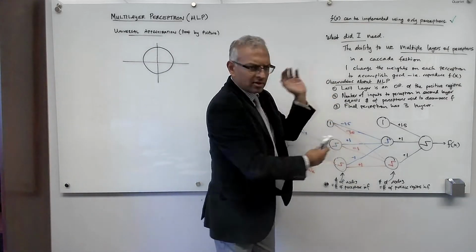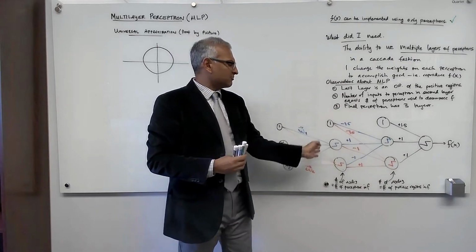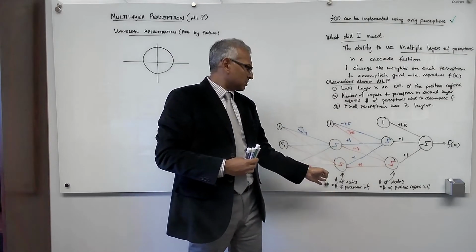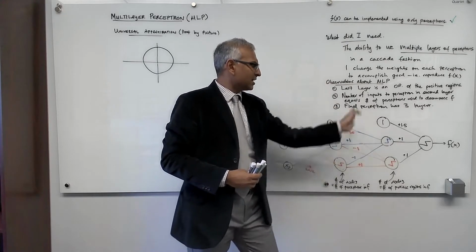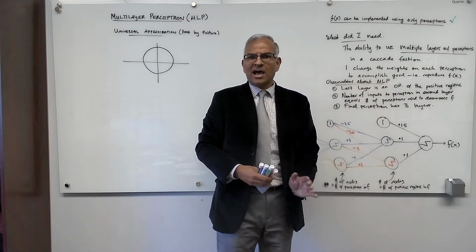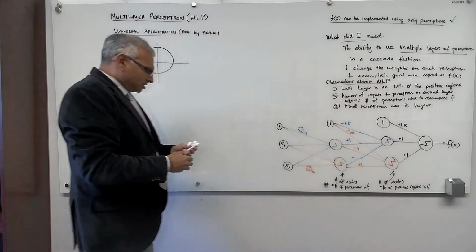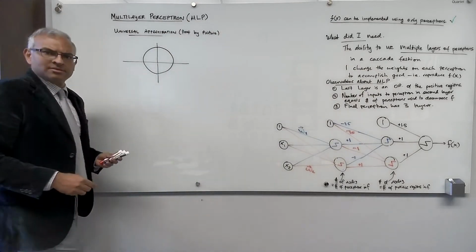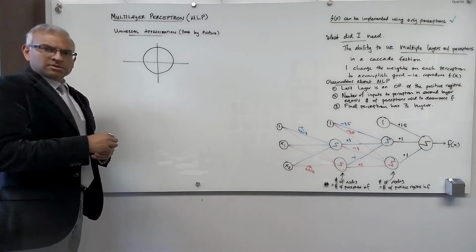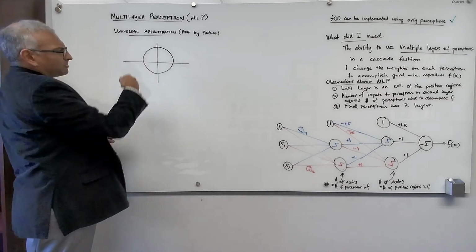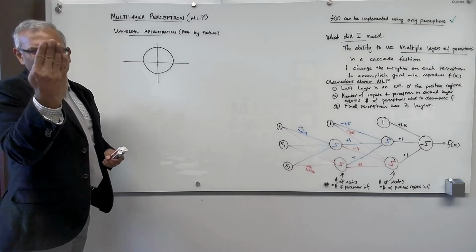With a large enough multilayer perceptron, large enough means enough nodes in the first hidden layer, these are called hidden layers, and enough nodes in the second hidden layer, I can get arbitrarily close. So let me show you an approximation to this circular region, this circular boundary, that can be approximated with 4 perceptrons.